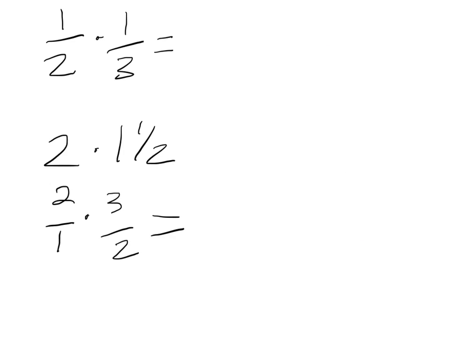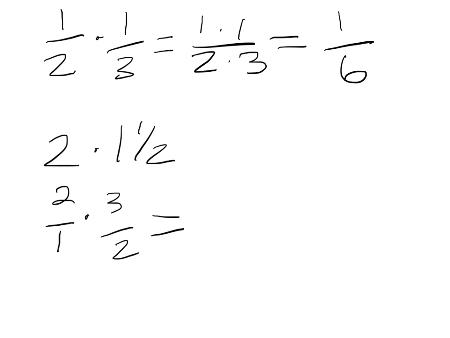So if you notice, when we multiply fractions, we're multiplying the numerator times the numerator, 1 times 1, the denominator times the denominator, and that results in the answer, 1/6. It works the same with our second example.